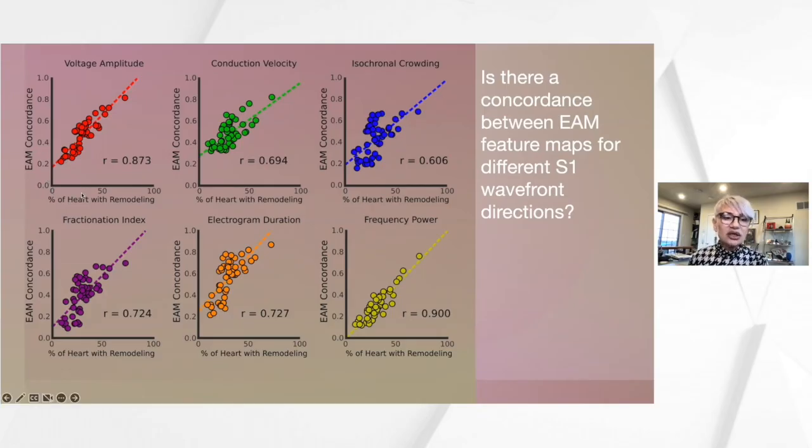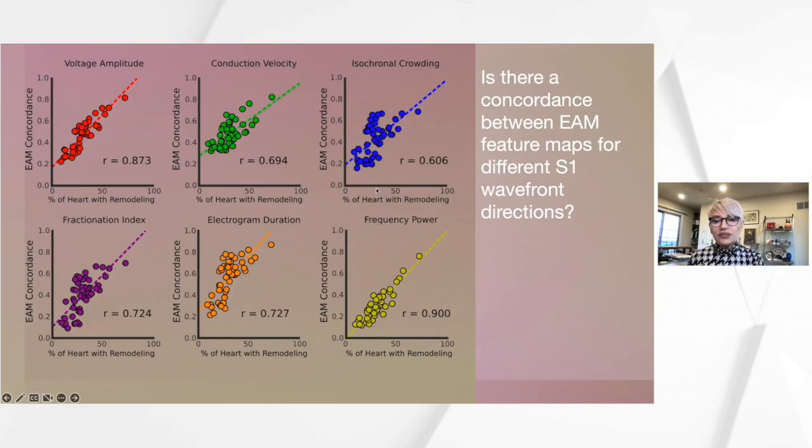You can see that for hearts that have small infarcts, the concordance between 2 different electroanatomical maps from 2 different pacing sites was not great. For none of the features was it particularly good. But as the size of the infarct increased as a percent of total volume of the ventricle, you can see we get better concordance in all of the features, particularly in conduction velocity and isochronal crowding.